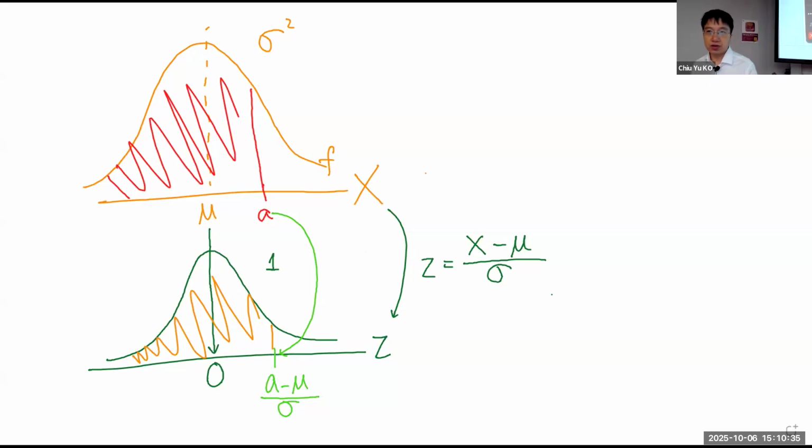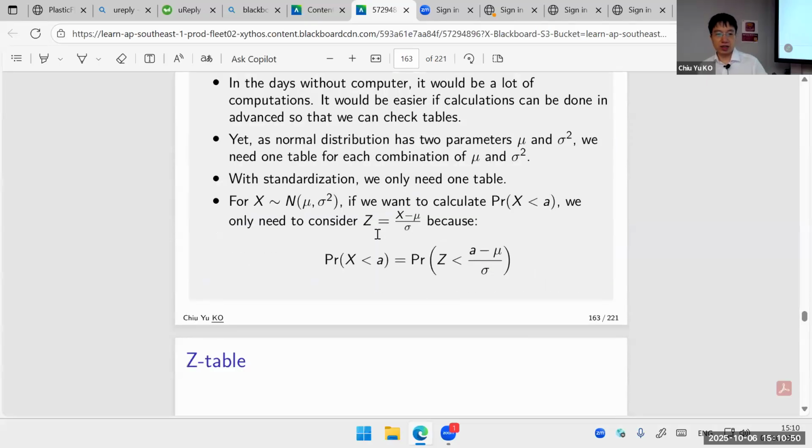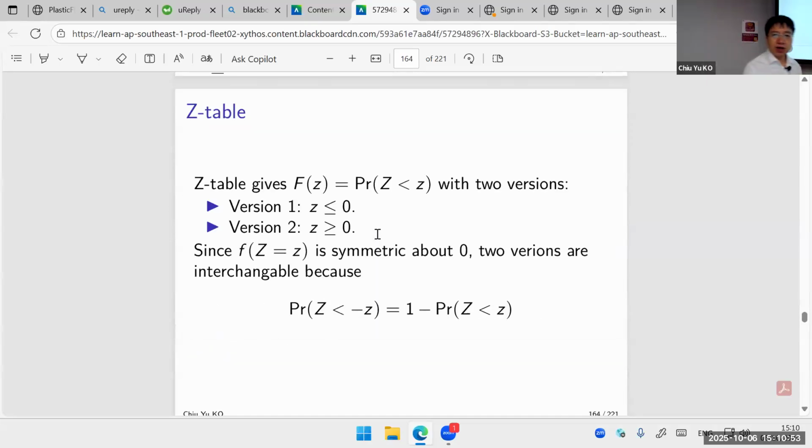Of course, for those of you who have learned this before, I'm sorry about that, but not everyone has learned it, so that's why I have to be a little bit slower. Okay, standard normal. And why do we do that?